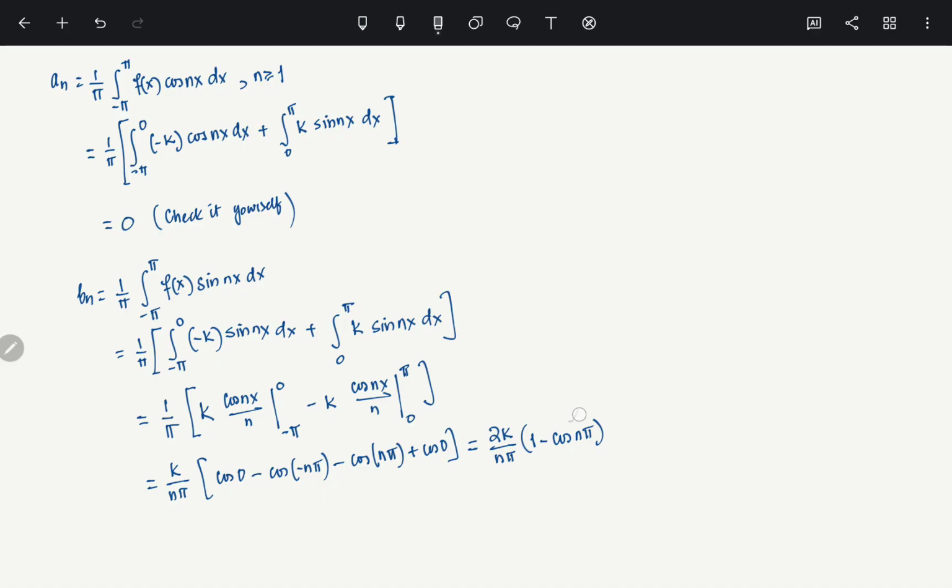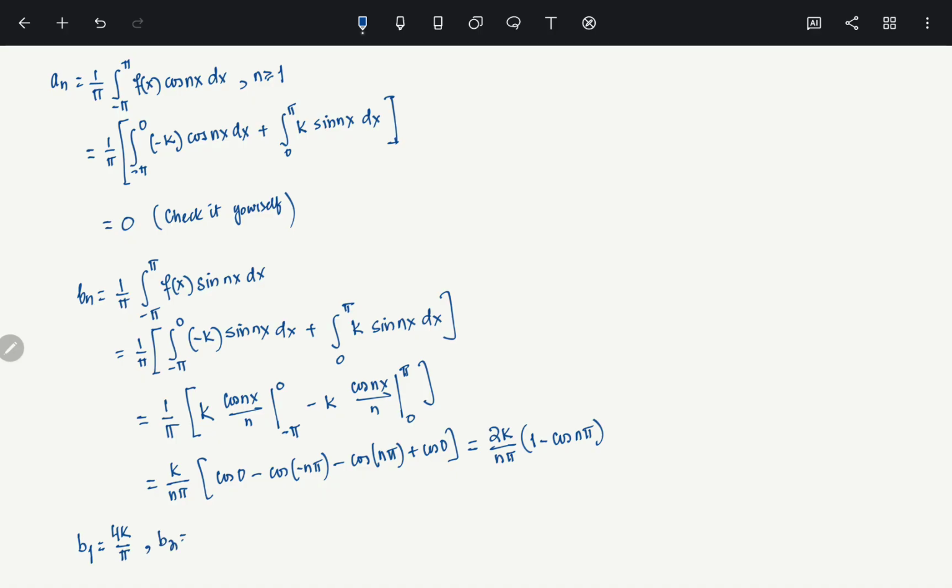So essentially what happens is, b1 in this case will be 4k by pi.